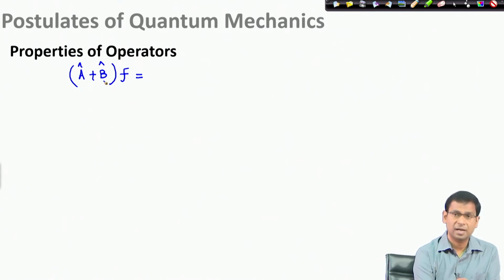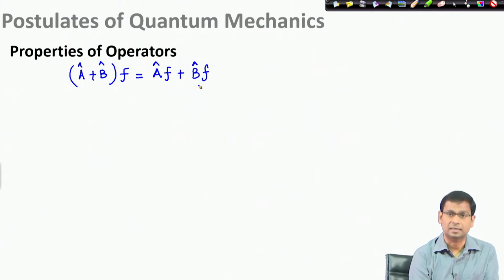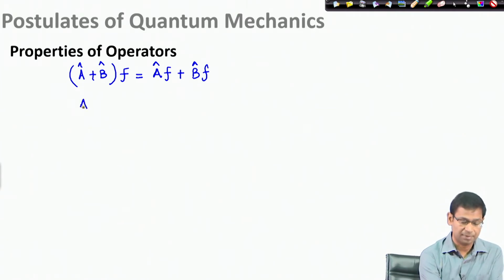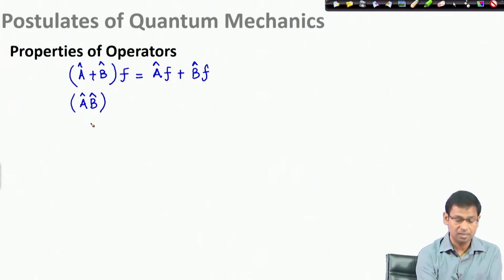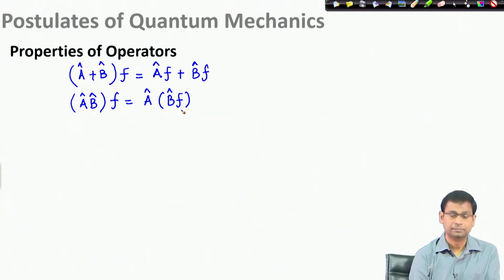So, when operator A plus B together acts on a function f, we can also evaluate this as A acting on f plus B acting on f. So, this is the sum rule that the operators follow. Similarly, there is a product rule. If I have operator A multiplied by operator B and they act on a function f, then I first apply operator B on f.